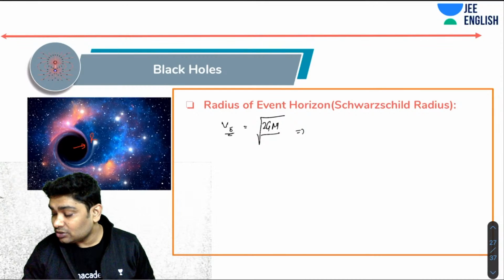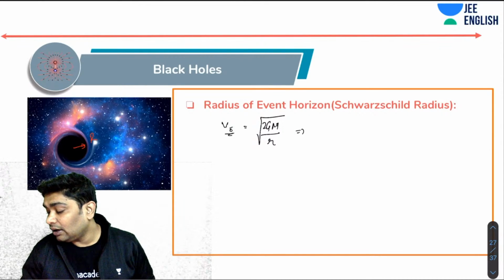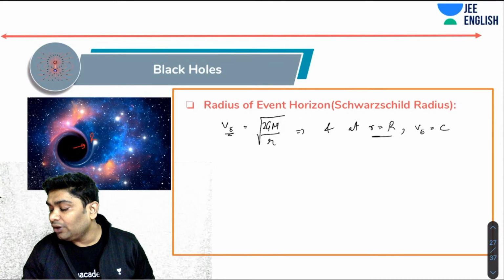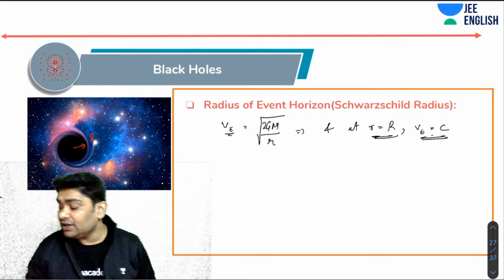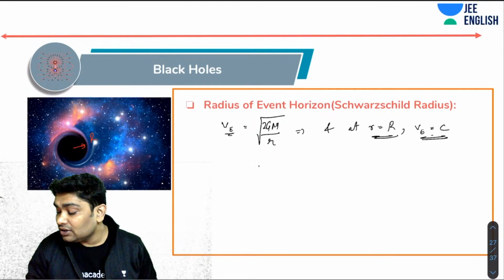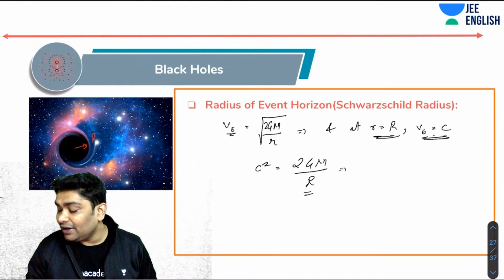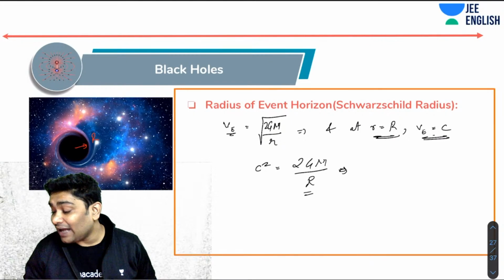At small r equals capital R, v equals c. At the boundary of the event horizon, escape velocity is c. So c square equals 2GM over R. So if you know the radius of the event horizon, you can actually estimate the mass of the black hole.